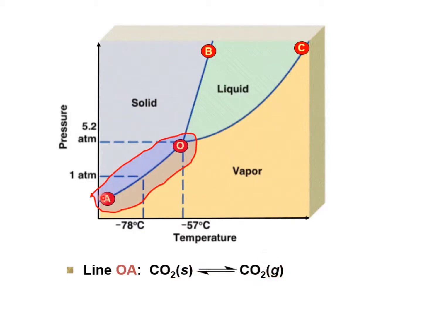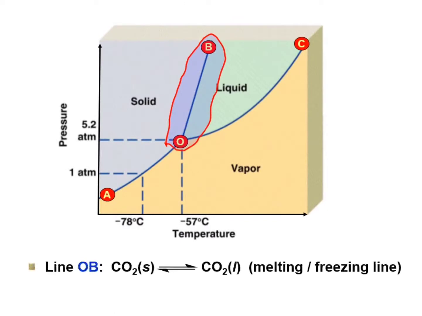So, still remember, this line will separate the solid and gas phase. So, if the carbon dioxide berada di atas line ini, dia akan berada dalam keadaan dua fasa di mana dia ada solid phase and gas phase at equilibrium. Okay, ni jawapan dia. Saya dah sebut tadi.